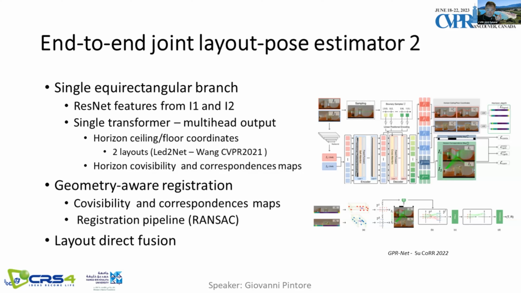Such maps are then fed into a post-processing pipeline to obtain the image pose through RANSAC, so not data-driven, it is post-processing. And given layouts and poses, the final layout is obtained just by a simple merging.